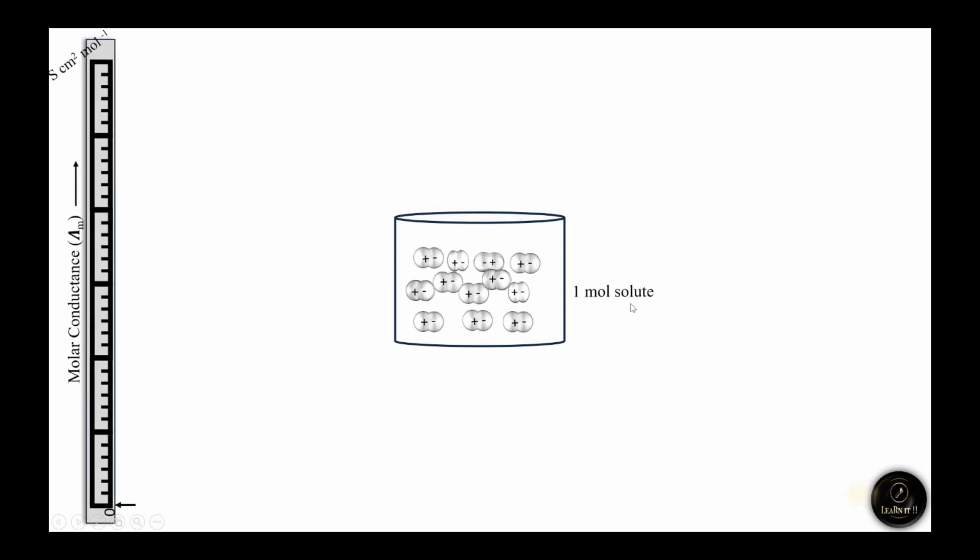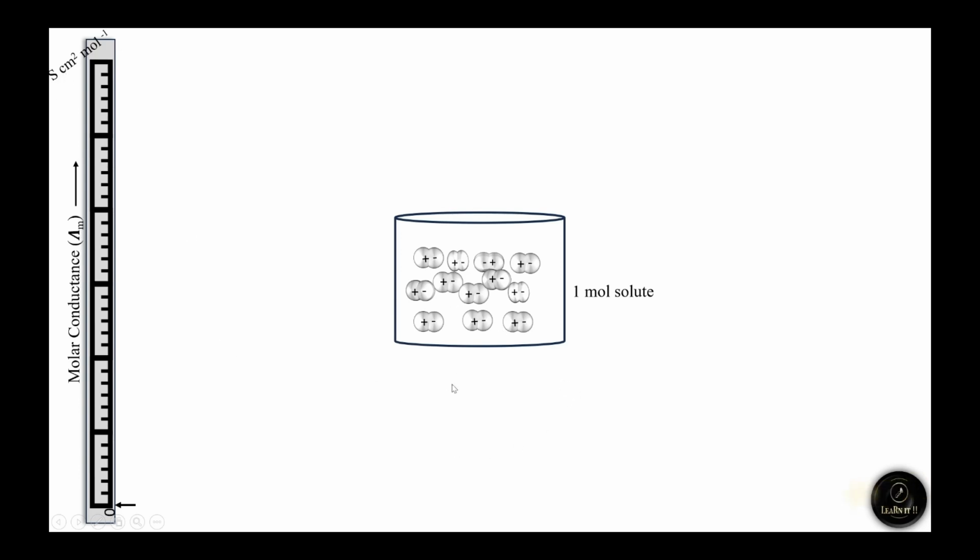So let's look at the variation of molar conductance with dilution with this example. Consider a vessel containing 1 mole of solute. Here molar conductance, that is lambda m, is given on a scale in the unit of Siemens centimeter square per mole.